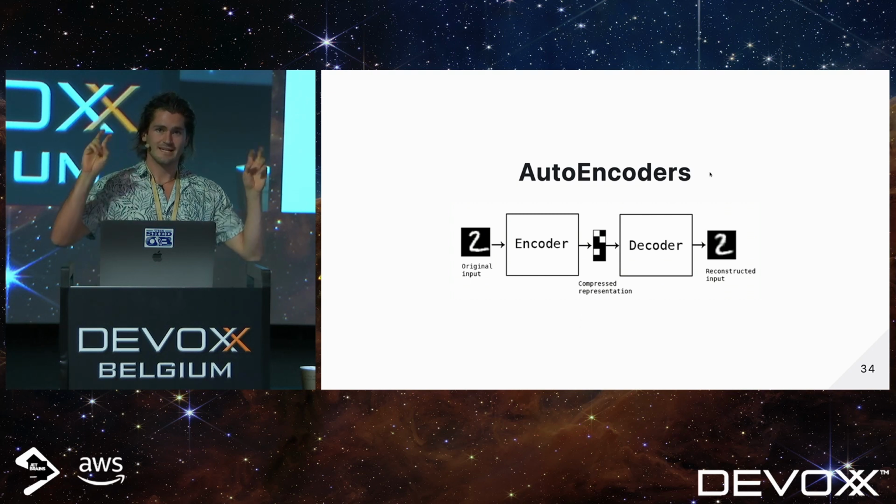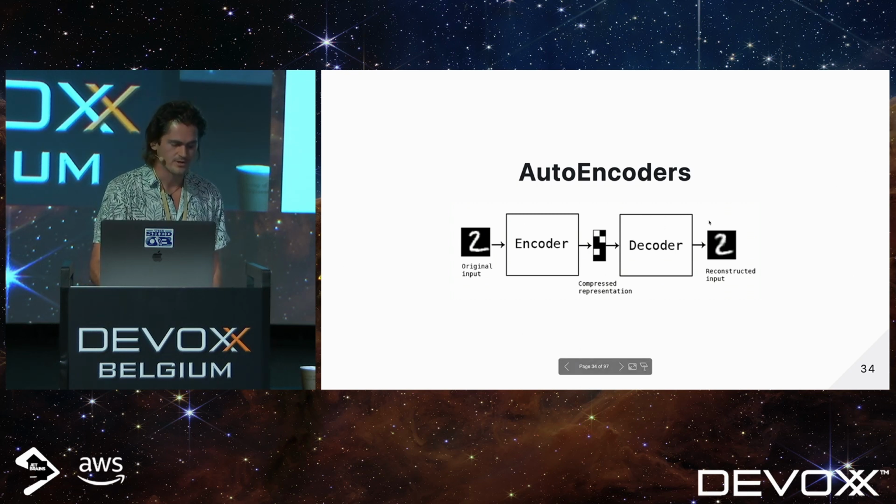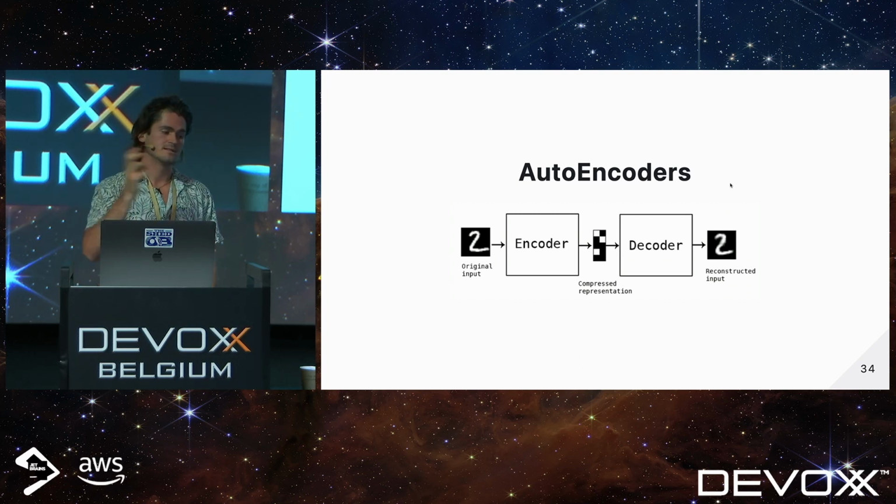This is called a latent representation. It's this compressed space where you can get images into, and then you take the latent representation, feed it to the decoder, and it attempts to reconstruct the input, and you run backprop through the entire thing. The goal of autoencoders is to get a really coherently organized and logical representation of your data set.